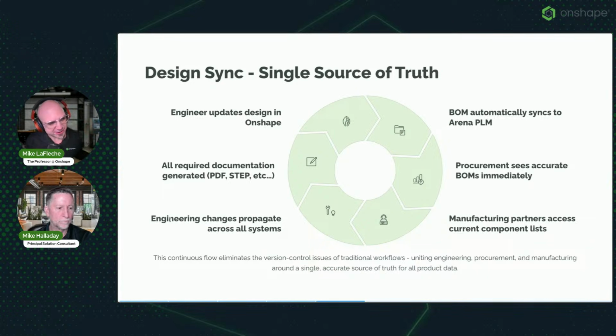It's going to generate all of your documentation, PDFs, STEP files, so if you need that contractually for your jobs, right? So yeah, these are the things that we will see here today. And this continuous flow of information eliminates the version control issues that you would see in a traditional check-in, check-out style process that you might be familiar with from other PDM systems. So we'll hopefully see that, right?